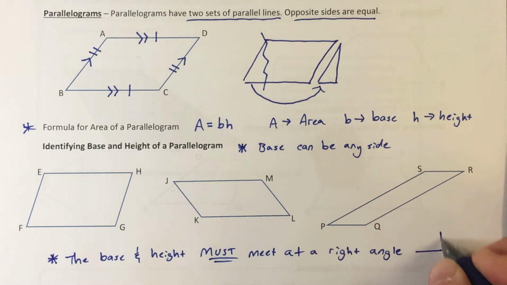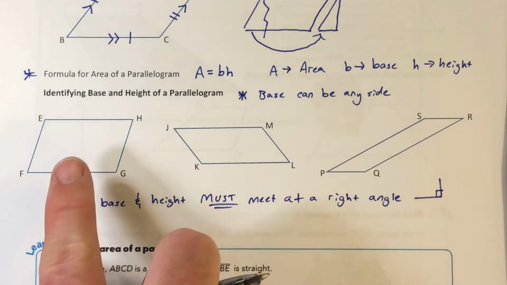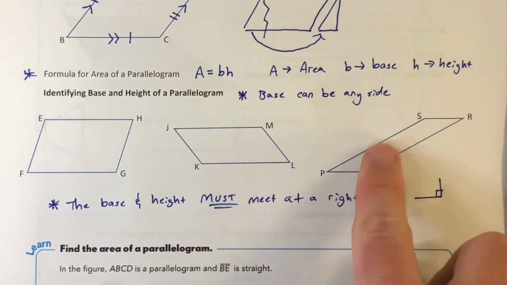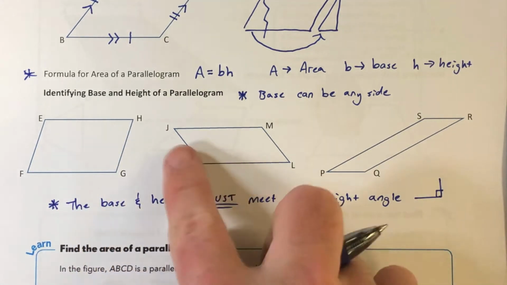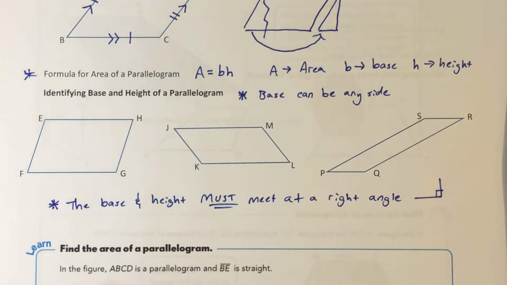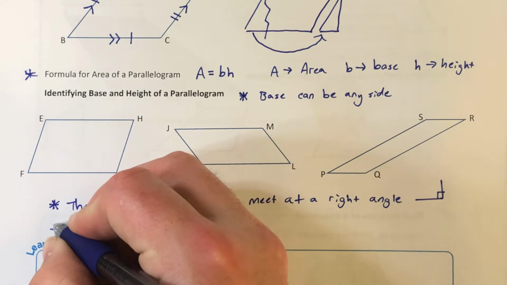Again, the symbol for right angle is that little square. Notice that none of these parallelograms have a right angle. They all either have obtuse or acute angles, no right angles. So what does that mean? That leads us to our third important piece of information.